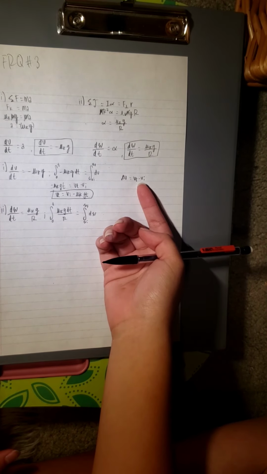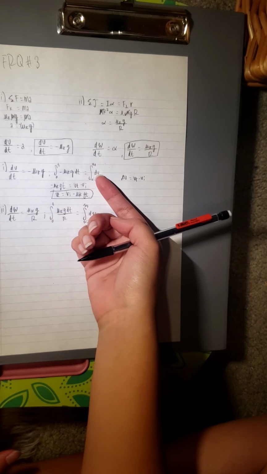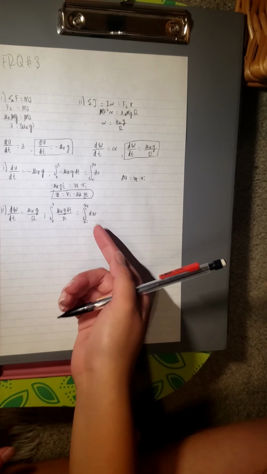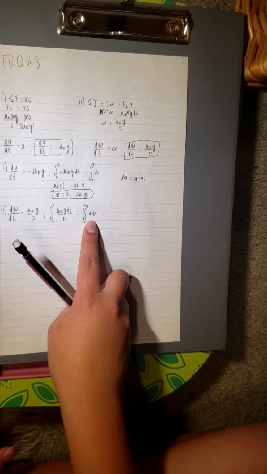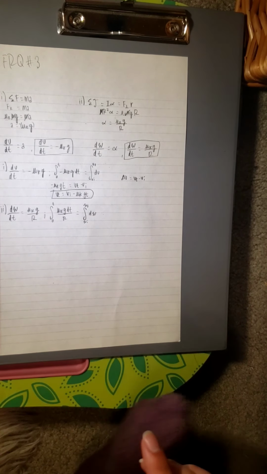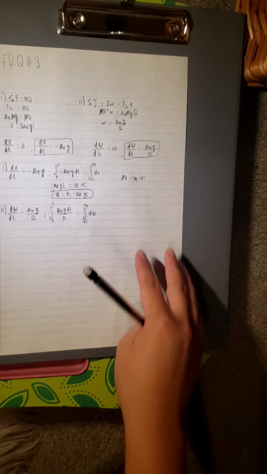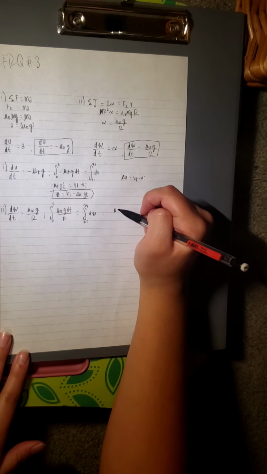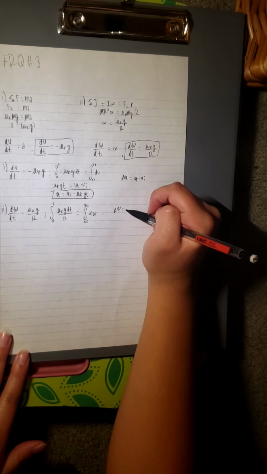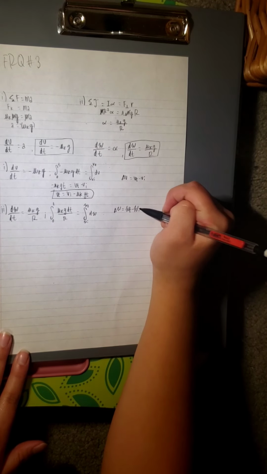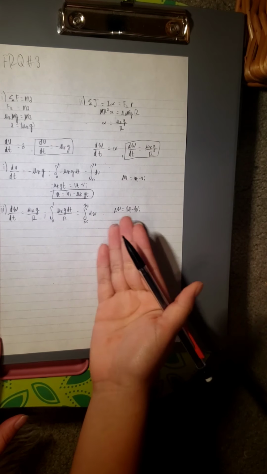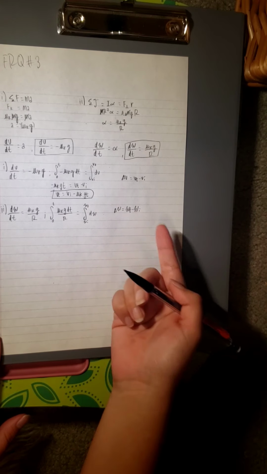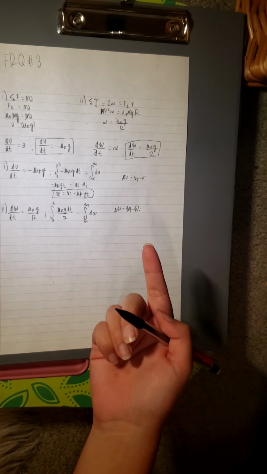So we also need to include VI. So you set this up so you can get that whole VF minus VI. So that's why we're using it for omega as well, because you want to find omega F, but you need to have omega initial.